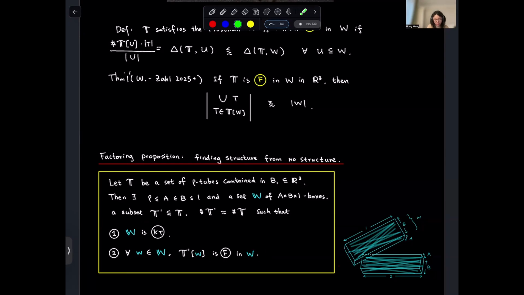So the idea is to apply this factoring proposition to our set of grains, find structure within the grains, and then we proceed.